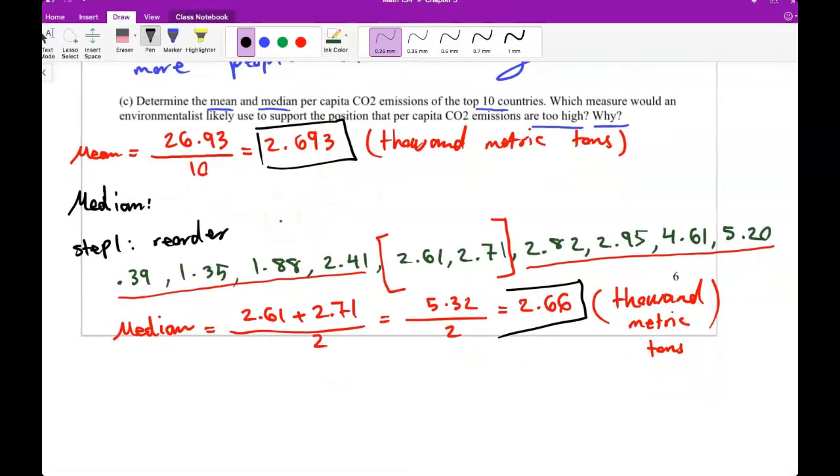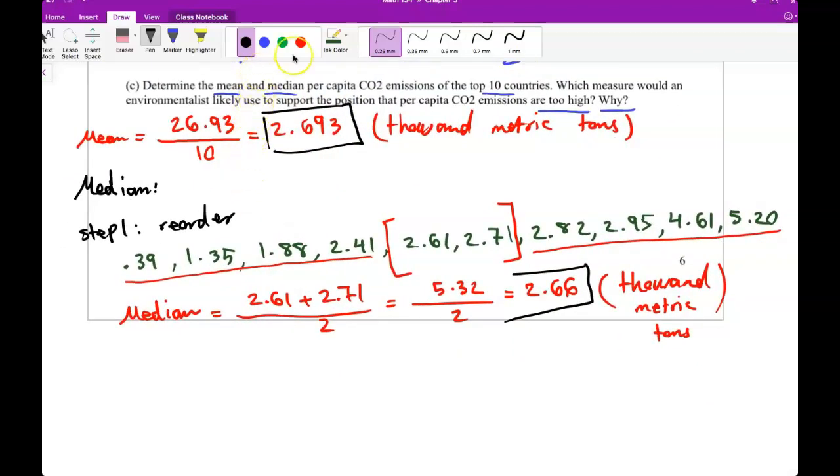So he's going to choose the mean, because it's higher.